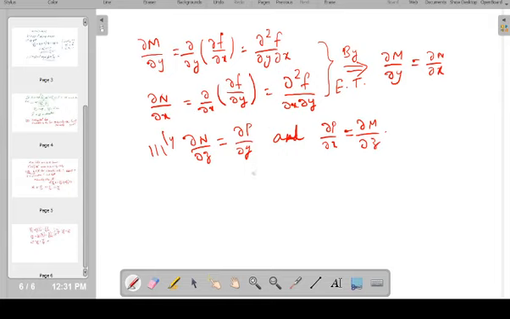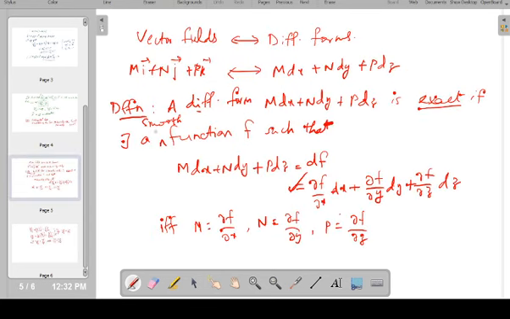So exact differentials and conservative vector fields correspond to the same object, just like differential forms and vector fields correspond to the same object. You have conservative vector fields and exact differential forms, and they correspond to the same thing.